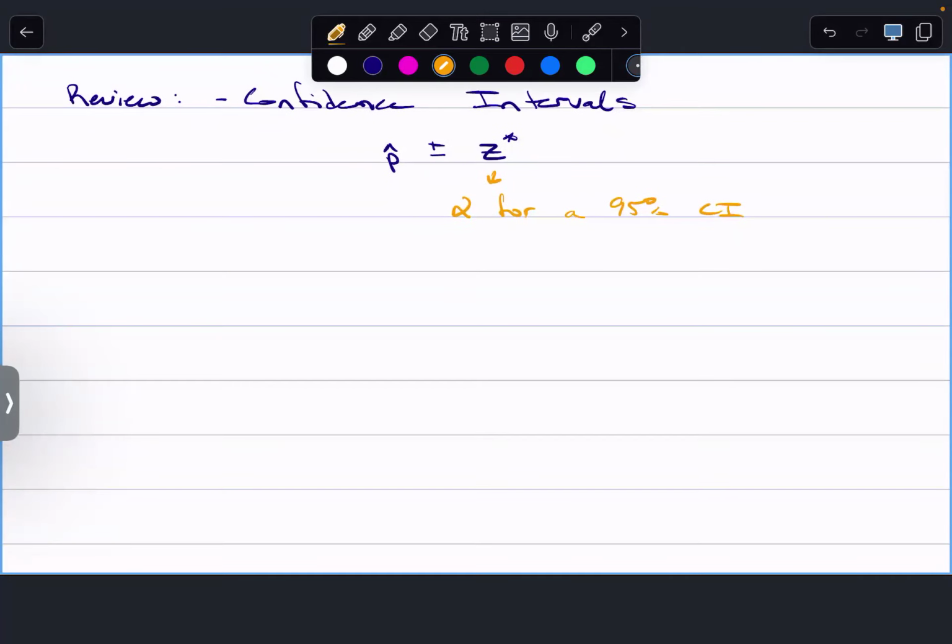So for other confidence levels, we use Excel. Technically, this 2 is really 1.96 if you want to get really picky about it. So either one is fine. Okay. So we take Z star, so we move out 2 standard errors around p hat.